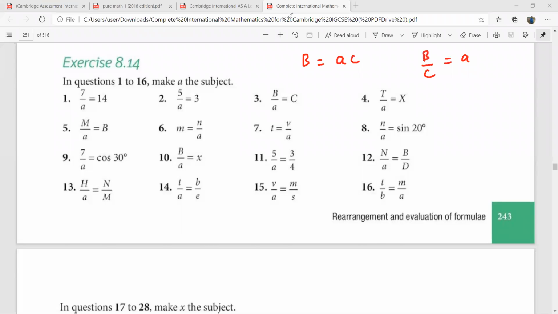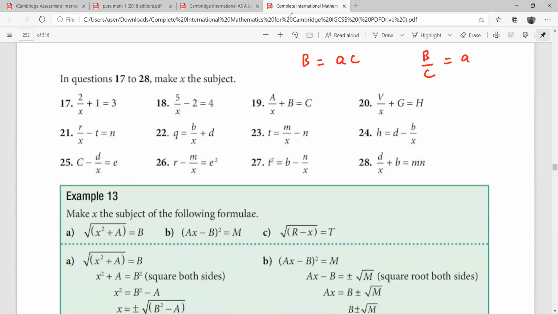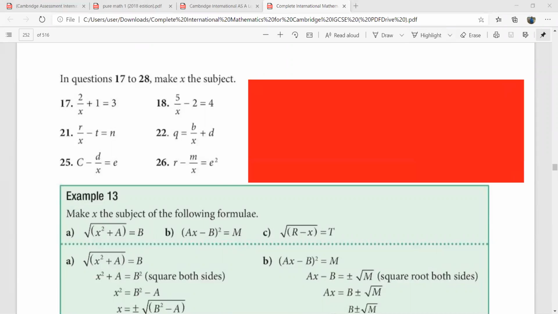Then we moved on to the second level, where you have the 21st question. Here you have to make X the subject. This is r over x minus t, that is equal to n.